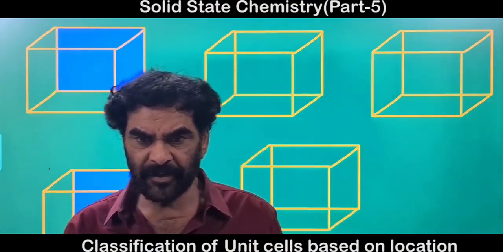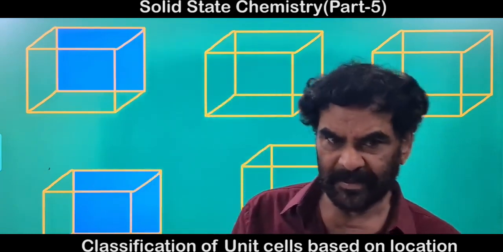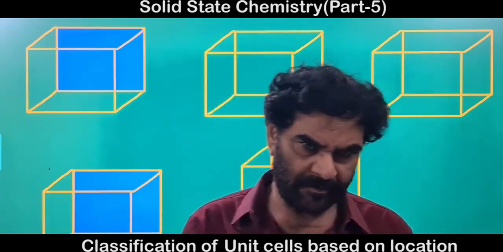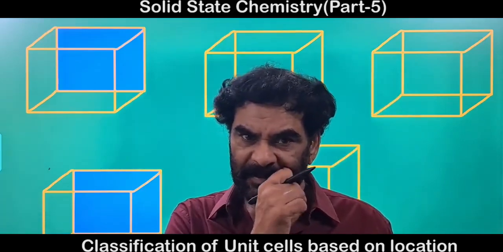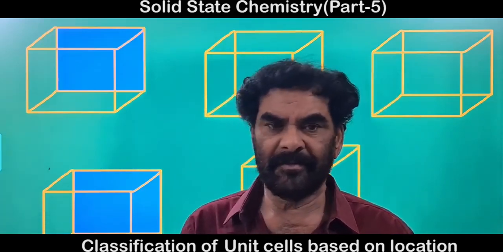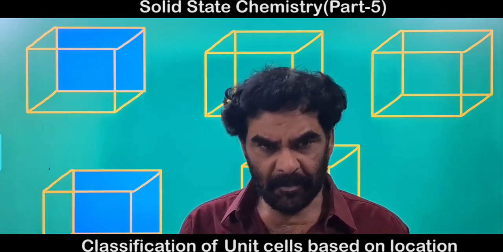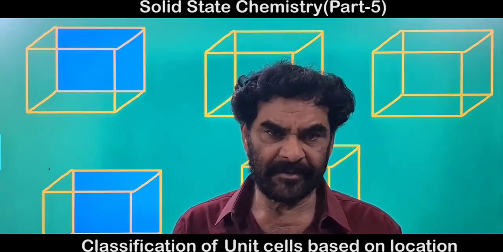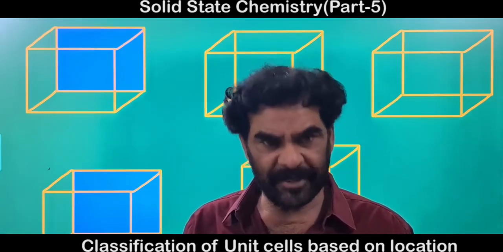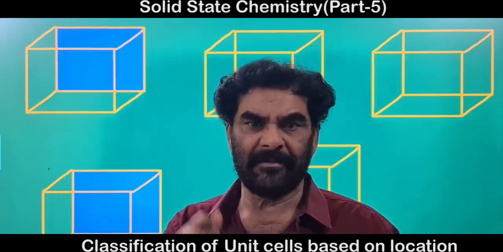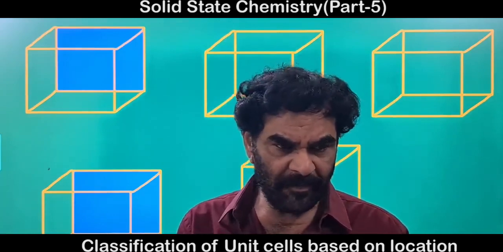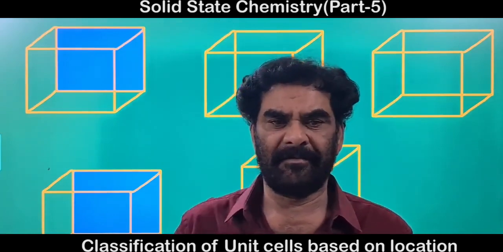In the last video, we discussed the cell parameters, the properties of the cell. See, number of corners, number of faces, number of edges, number of face diagonals, number of body diagonals.